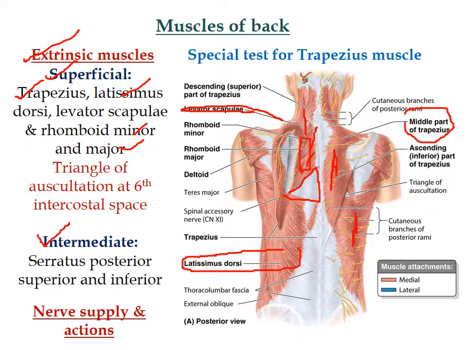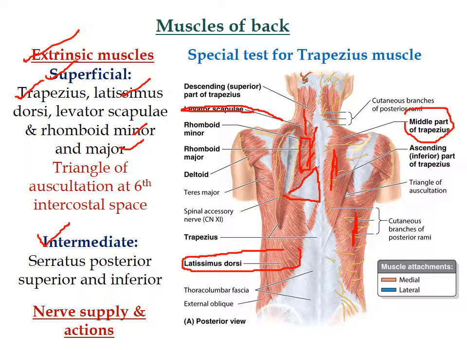Now you must know something about the nerve supply and action. The actions you will study when you do the upper limb, but the nerve supply is mainly by the cervical plexus for the trapezius for sensory, but the motor supply to the trapezius is by the spinal accessory nerve, the spinal part of the 11th cranial nerve.